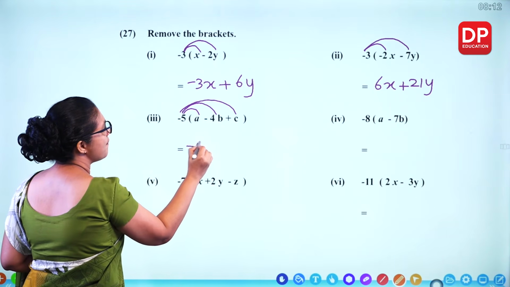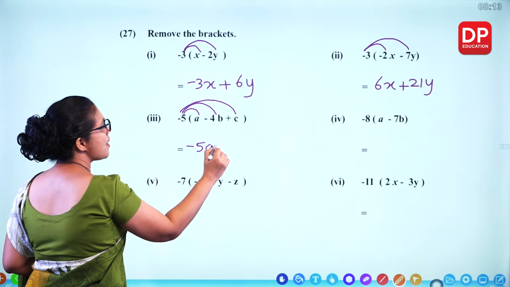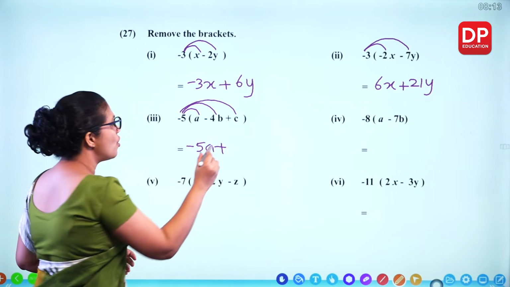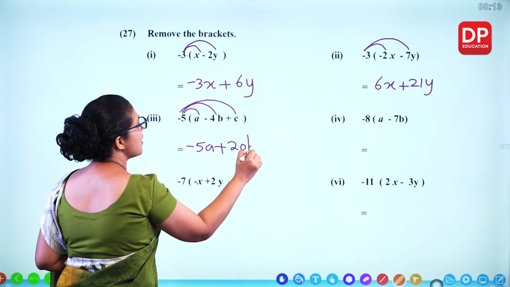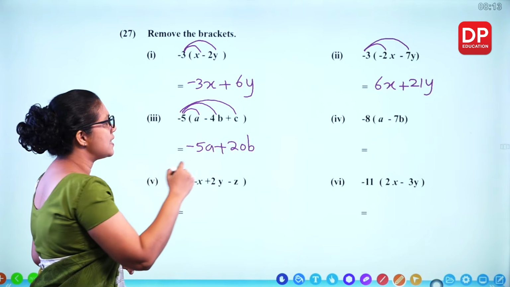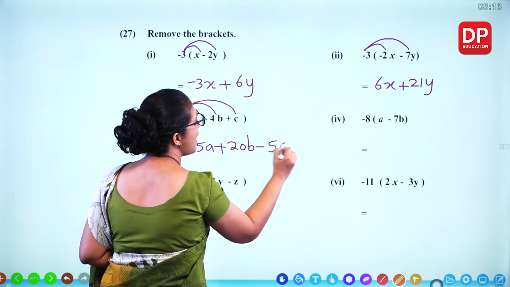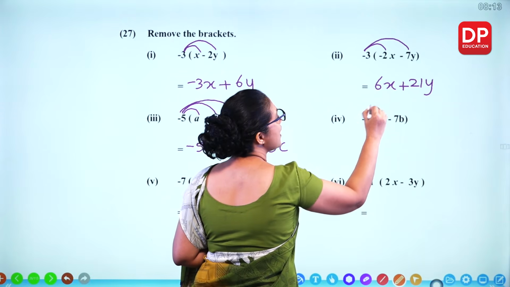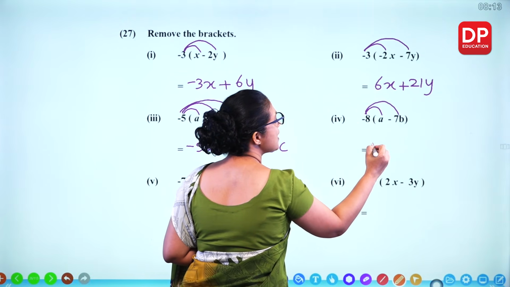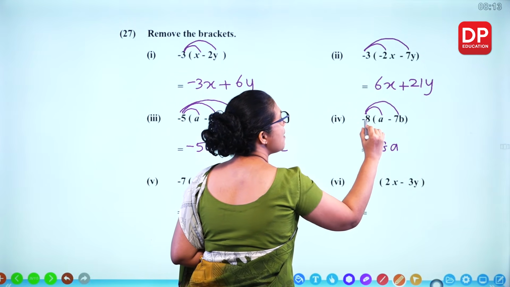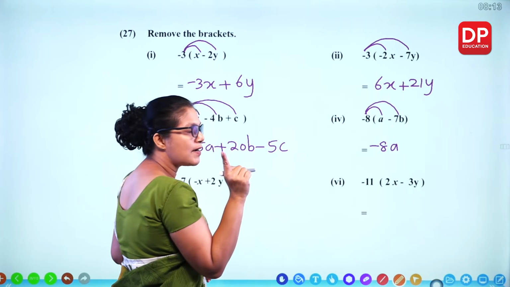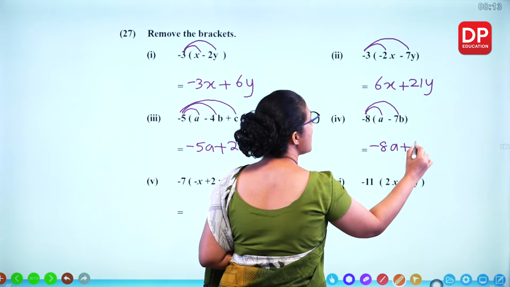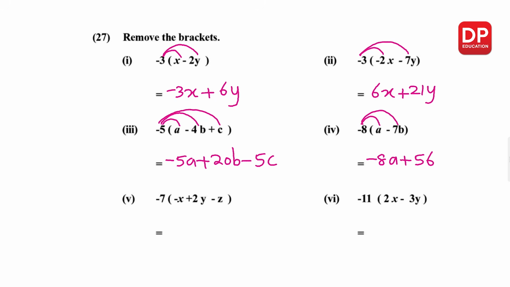Minus 5a, minus minus plus. 5 times 4, 20, get b. Here minus 5 times c, minus 5c. This one, multiply. Minus 8 times a, minus 8a. Minus 8 times minus 7b, plus 56. 8 times 7, 56b.